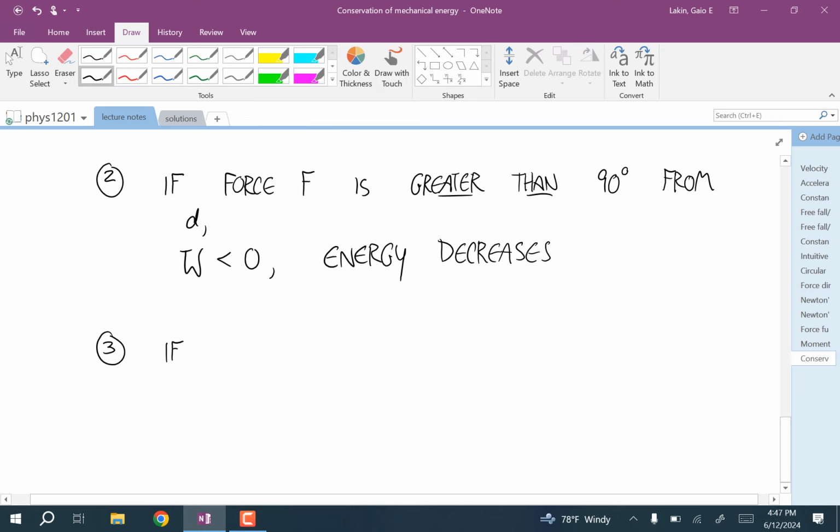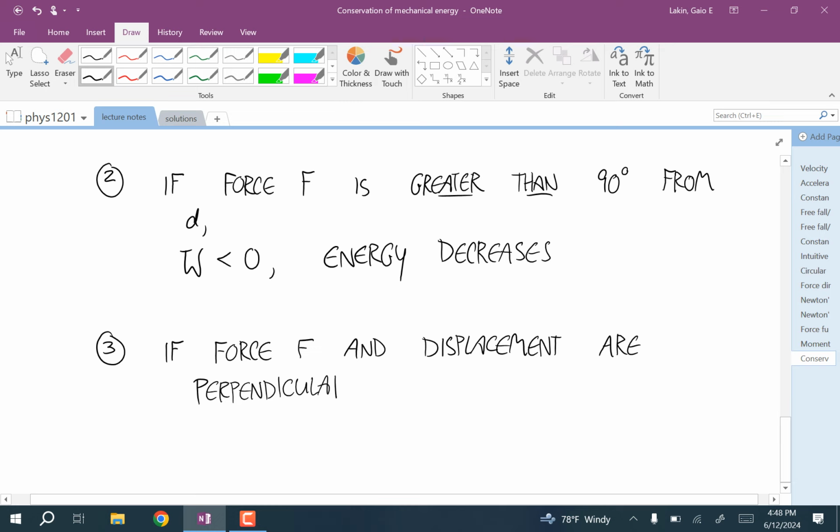So if the force and the displacement are perpendicular, then the work is equal to zero, and the force then in that case causes no change in energy.